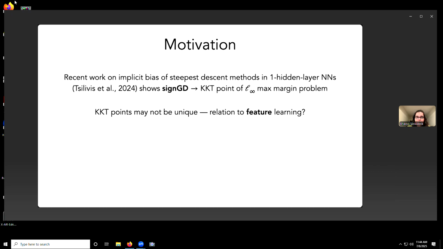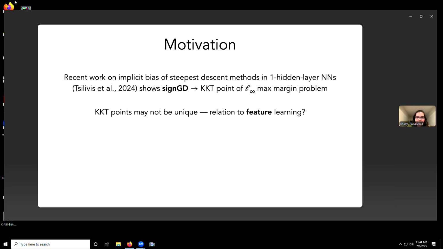There's this recent work which extends the implicit bias result for one hidden layer neural networks to steepest descent methods, and this includes sign GD, which is essentially Adam without the momentum, and it shows that it converges to a KKT point of the L infinity max margin problem under some conditions.